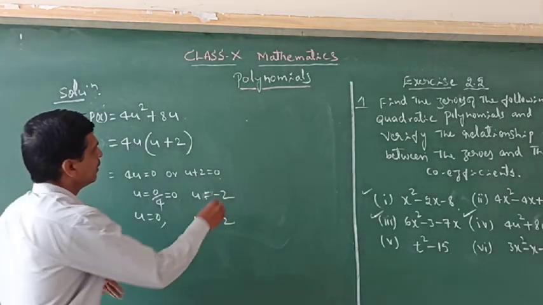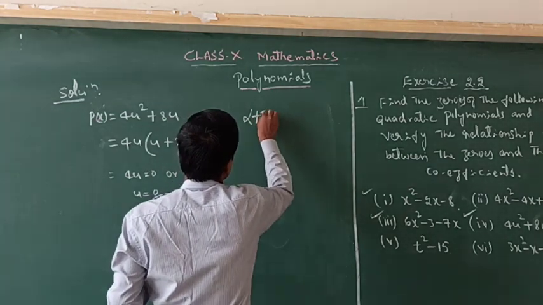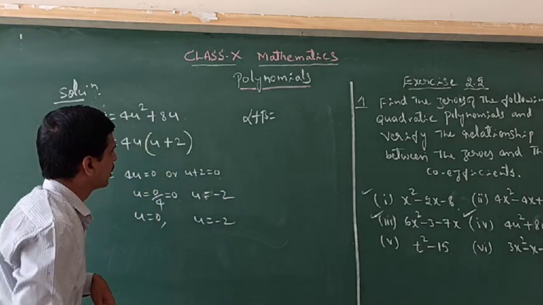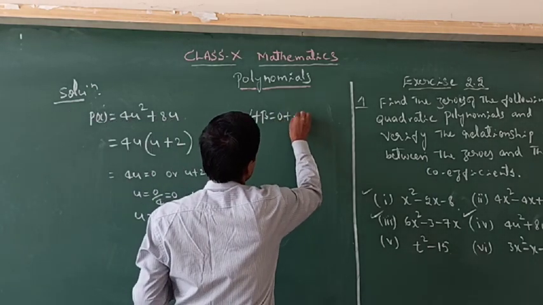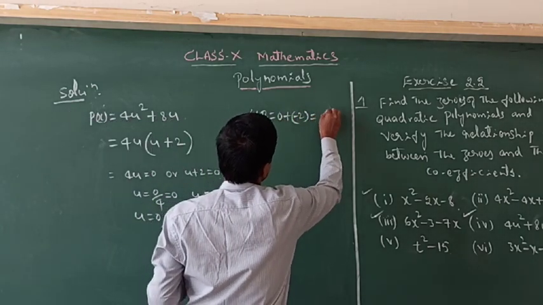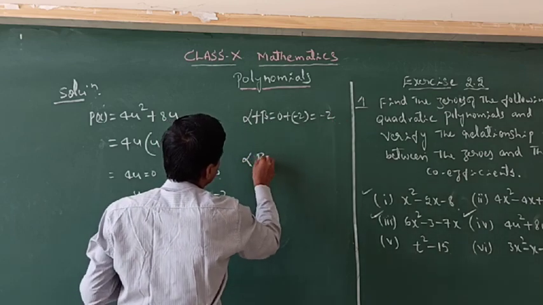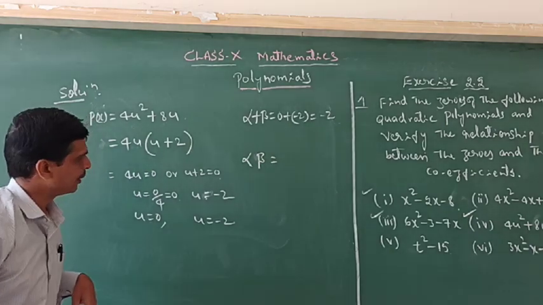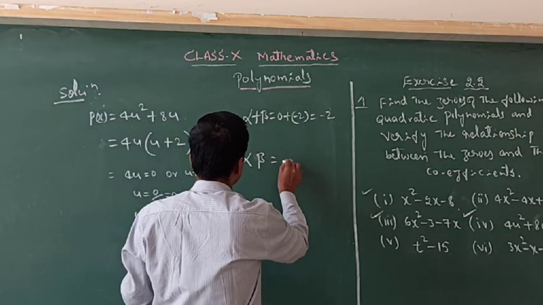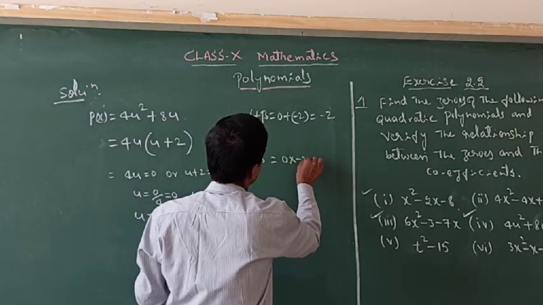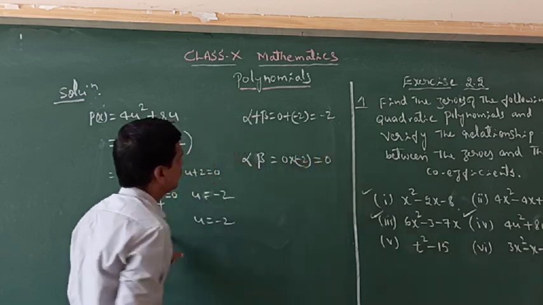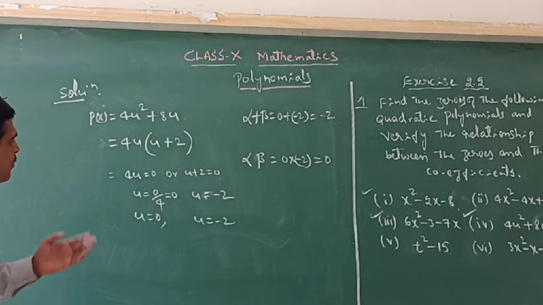Now consider their relations. Alpha plus beta is equal to, what is its value? 0 plus minus 2 means it is minus 2. And consider their product, alpha into beta, that is 0 into minus 2, which is equal to 0. So what are the values of a, b, c?